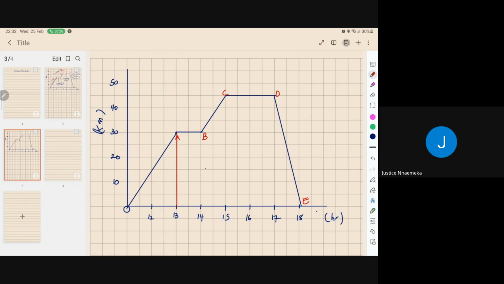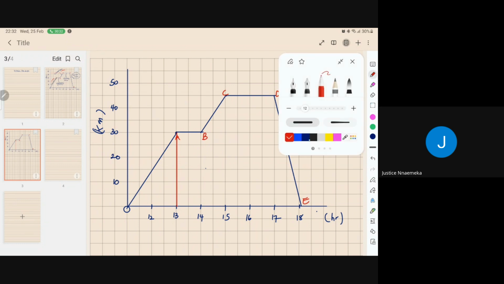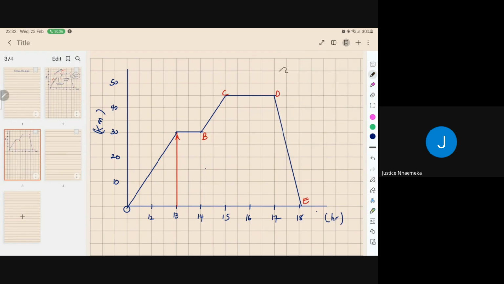So with that, how do I now estimate? Remember the formula for your slope. That slope back in the days, the slope m is equal to y2 minus y1 all over what? x2 minus x1. That's how to estimate your slope if you can remember very well, right? But this time around, your m is your speed because distance over time.